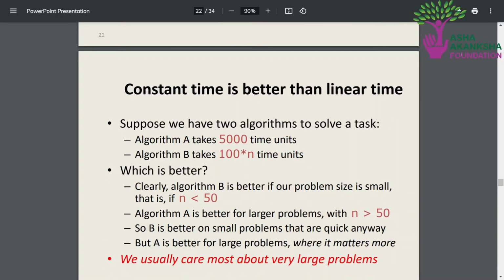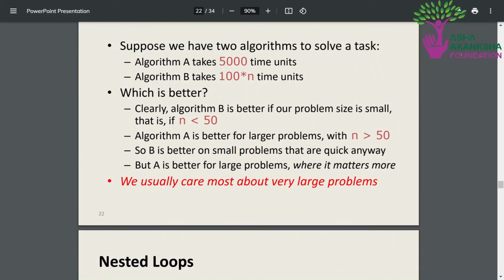So till now I guess you can confidently say that constant time is better than linear time. If you are not sure, we will now take an example to make this concept clear. Suppose we have two algorithms to solve a task. Algorithm A takes 5000 time units, and algorithm B takes 100 multiplied by n time units, which is a linear time complexity. I will ask you a question: which is better of these two algorithms?